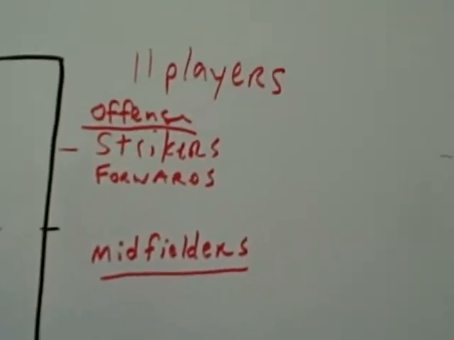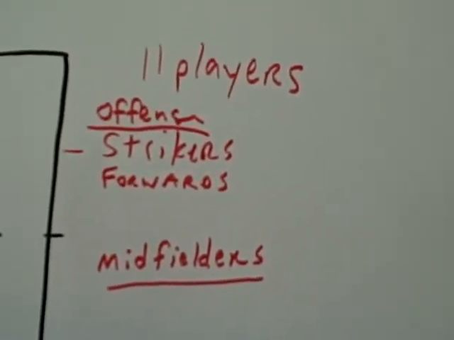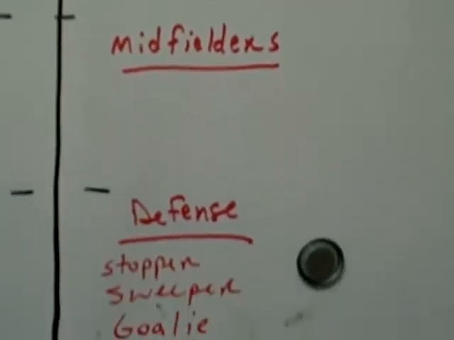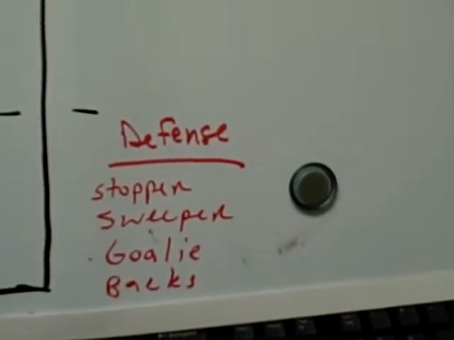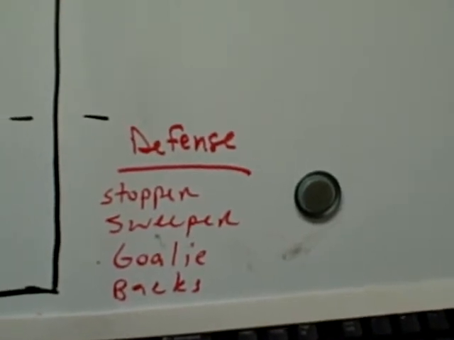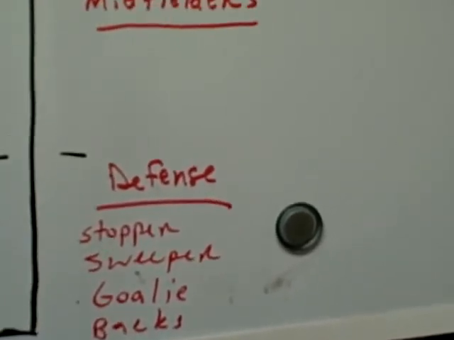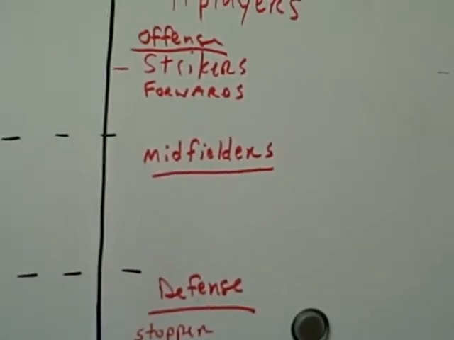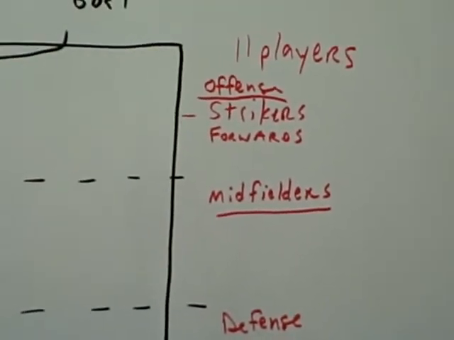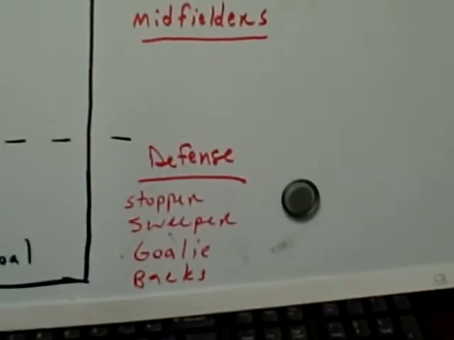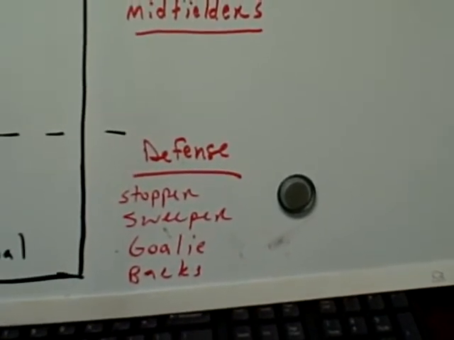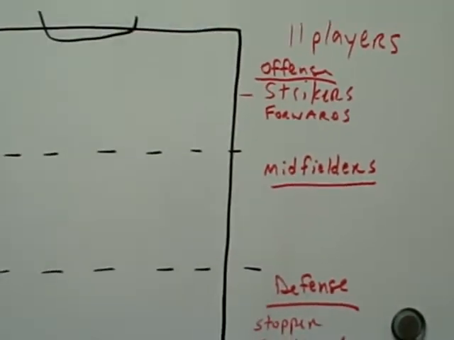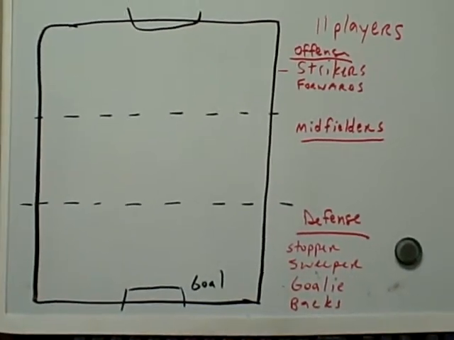Some of the positions in the offense are strikers, also called forwards, then the midfielders, and then the defense: stopper, sweeper, goalie, also sometimes known as backs. The job of the offense is to try to score goals. The job of the defense is to keep the other team from scoring goals, and the midfielders connect the two.